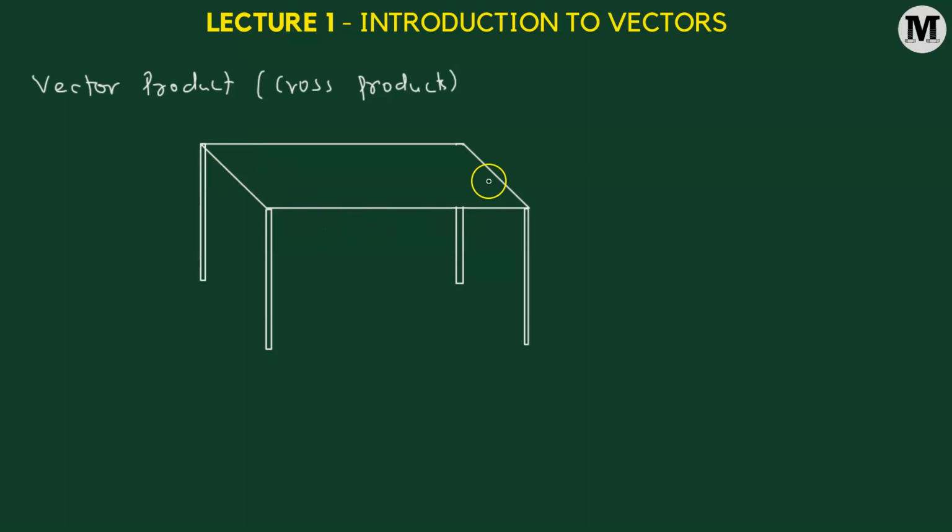Let's say we consider a table. On top of this plain table, we're going to consider two vectors. Like in the previous case, we're going to consider the vector A and another vector B. And also this time, the initial points of the two vectors are coinciding, such that they make an angle of theta with each other.